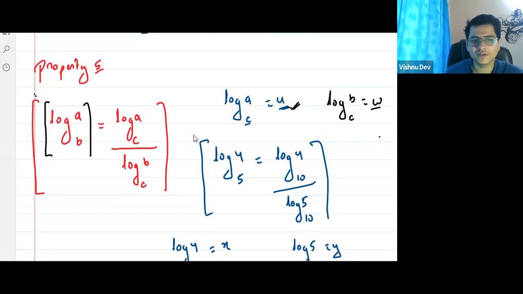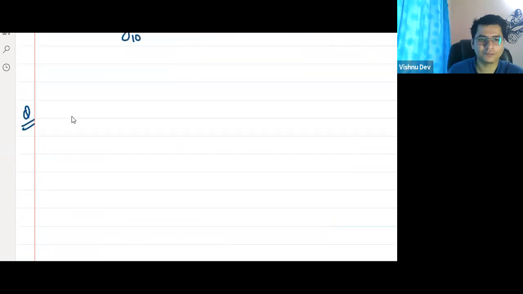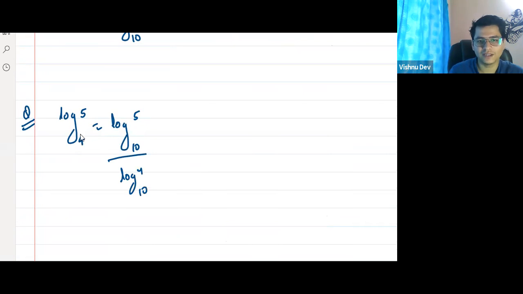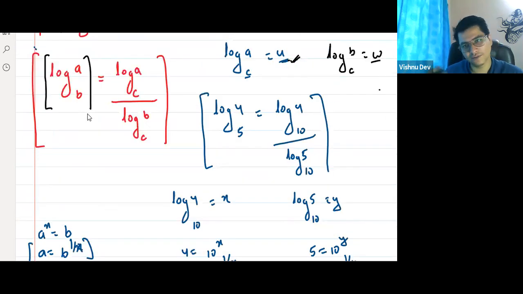Then you will get log 5 base 4 is equal to log 5 base 10 by log 4 base 10. So this will also get inverted, no? So doesn't matter whatever you do, you will get the correct answer.